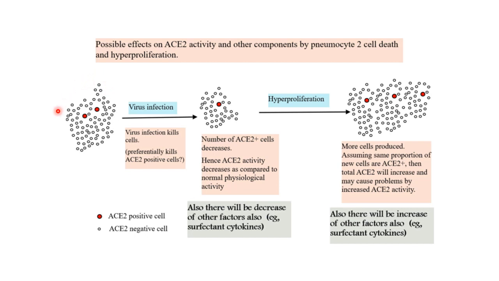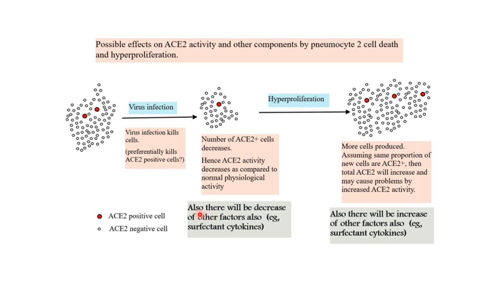So we have a certain number of Pneumocyte2 in the lung. Virus infection kills cells, and it's reasonable to assume that it will kill preferentially ACE2 positive cells. So the total number of cells will decrease, and on top of that, the proportion of ACE2 positive cells will decrease even more.